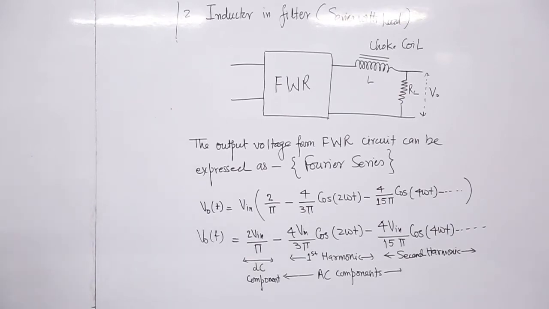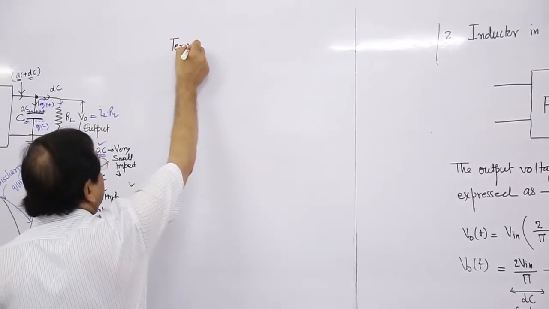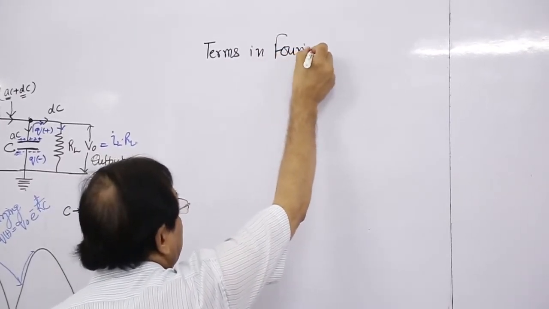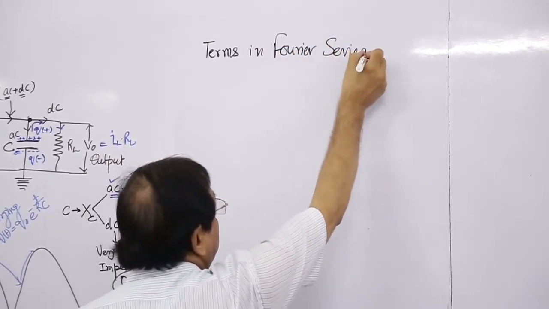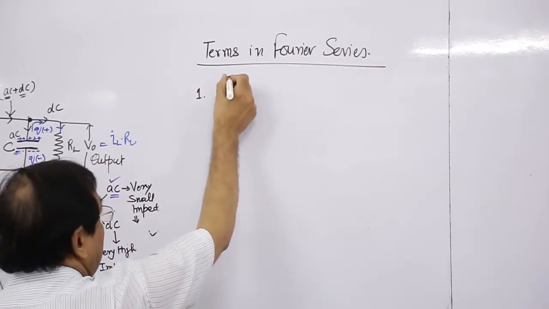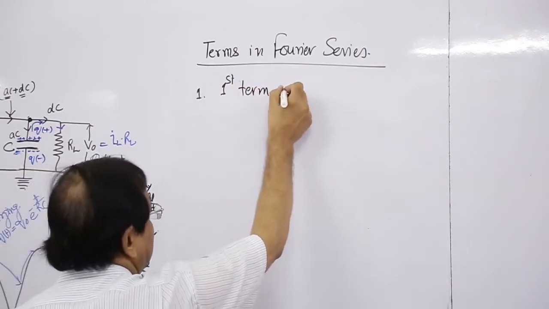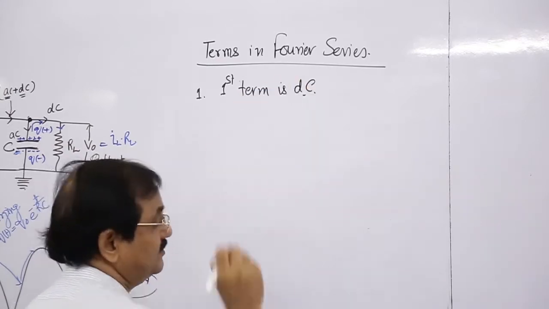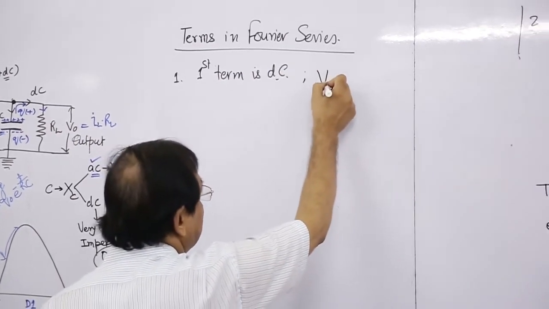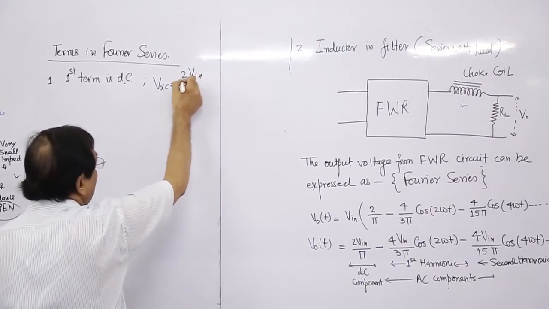These terms are the first terms in the Fourier series. The first term is DC, so V_DC is equal to 2 V_in over pi.